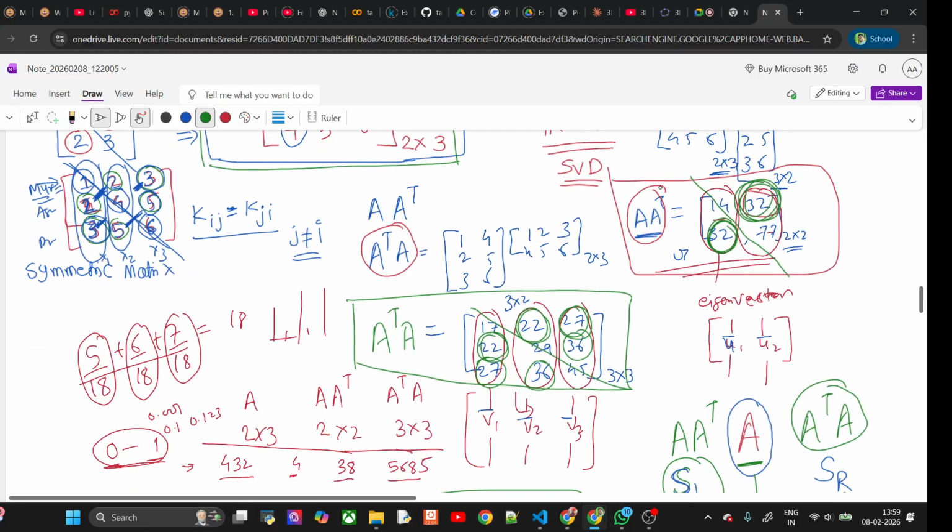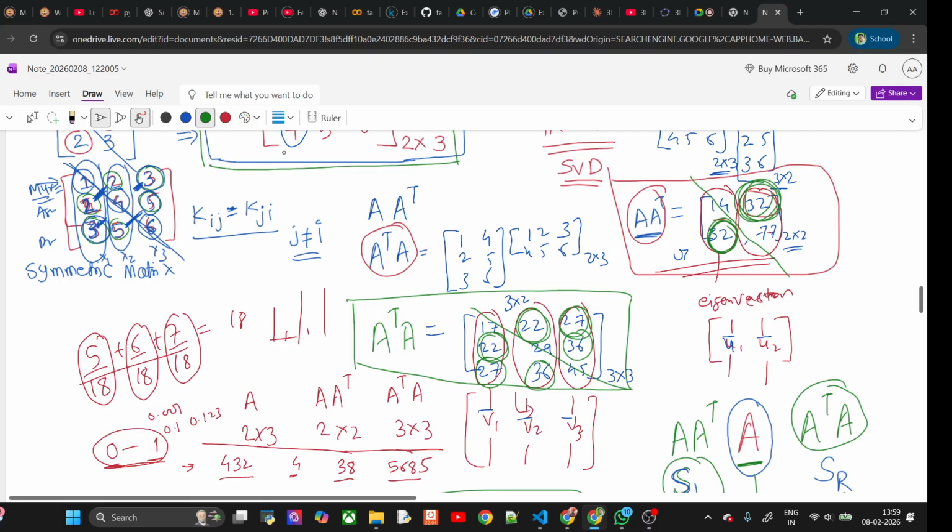In this A into A transpose, the column vectors are the eigenvectors, the normalized eigenvectors. And for A transpose A also, v1, v2, v3 are the normalized eigenvectors.